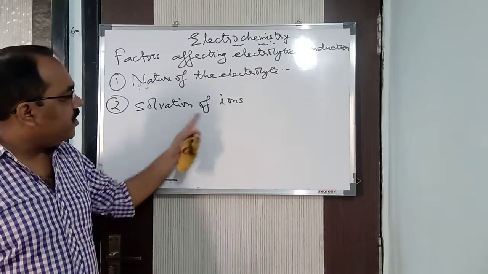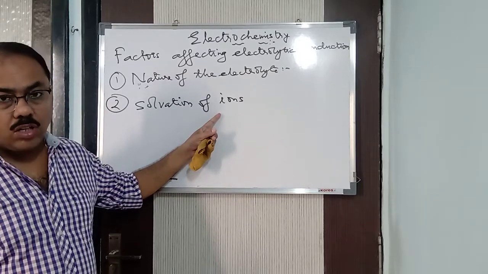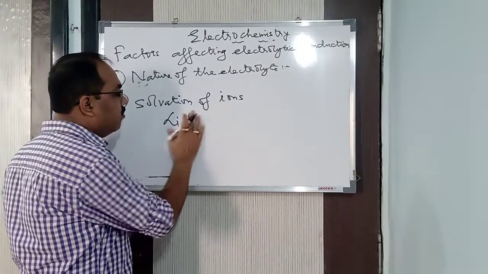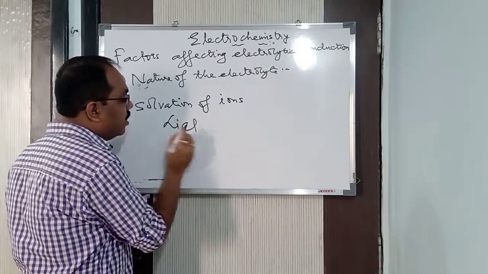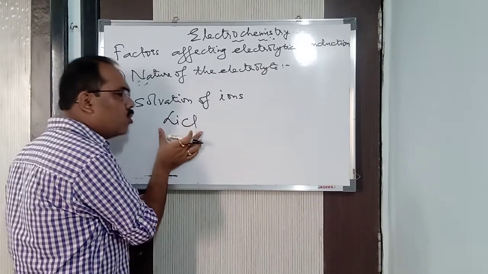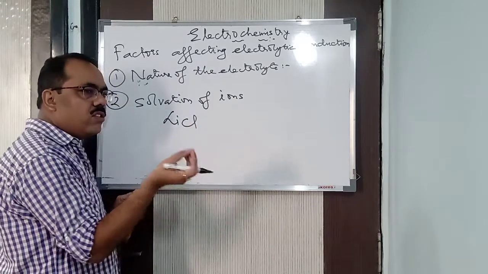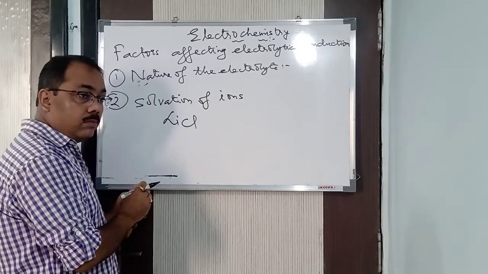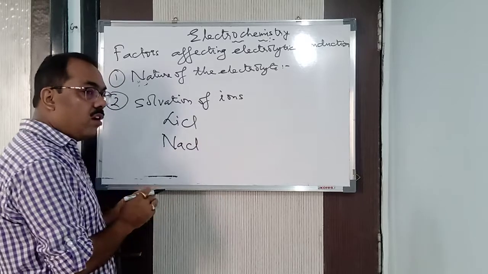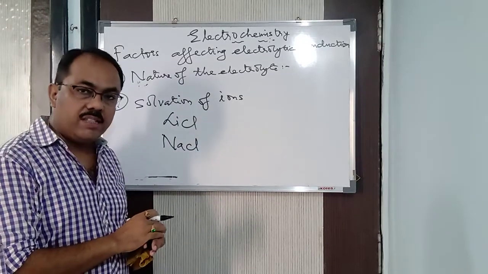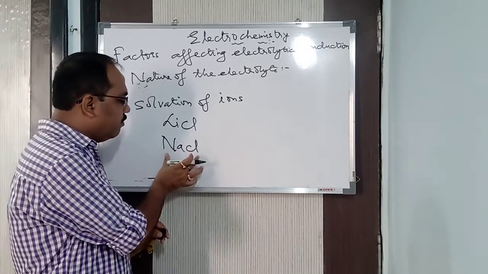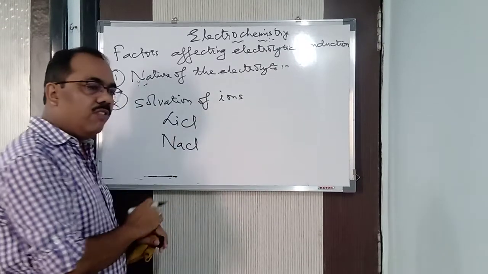So if the solute-solvent interaction is stronger, for example in the case of LiCl dissolved in water, the interaction is so strong that LiCl dissociates to a very small extent compared to NaCl in water. NaCl dissociates to a large extent, due to which it behaves as a strong electrolyte and LiCl behaves as a weak electrolyte.